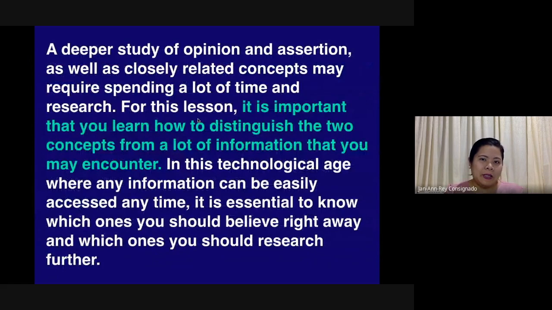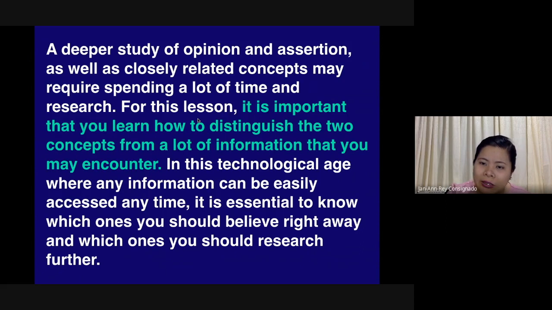A deeper study of opinion and assertion, as well as closely related concepts, may require spending a lot of time and research. For this lesson, it is important that you learn how to distinguish the two concepts from a lot of information that you may encounter.